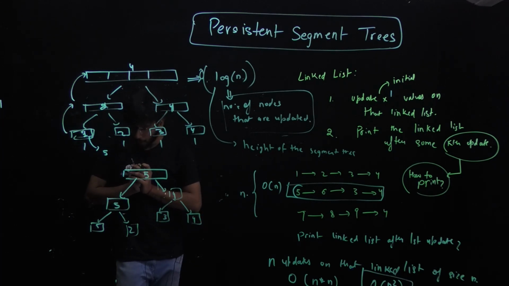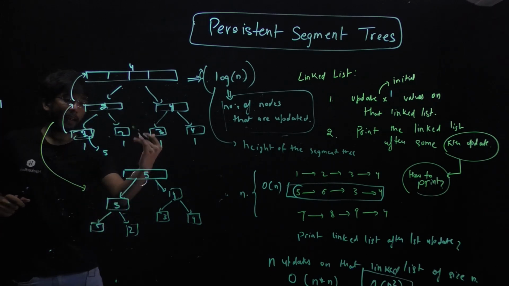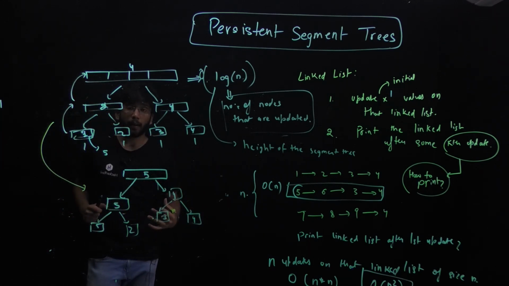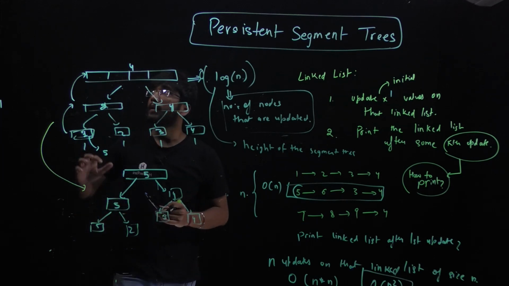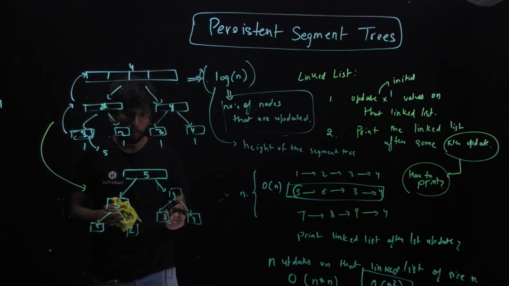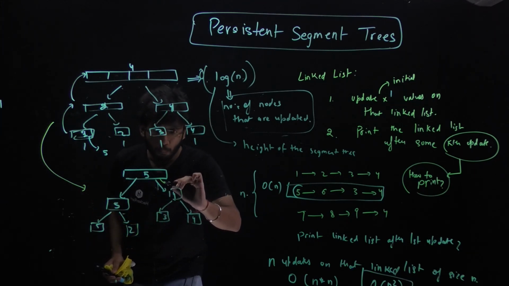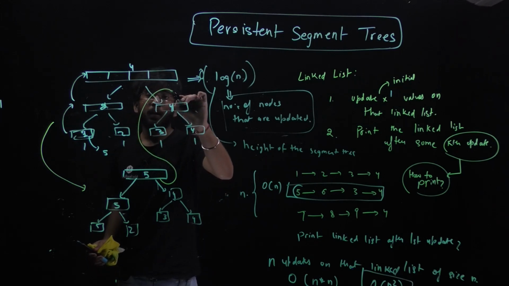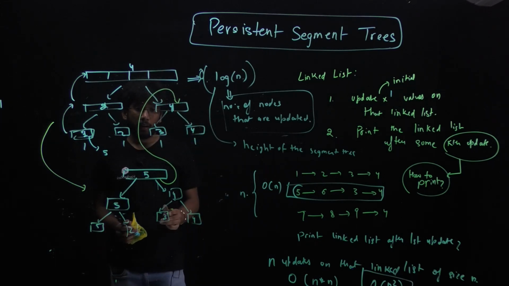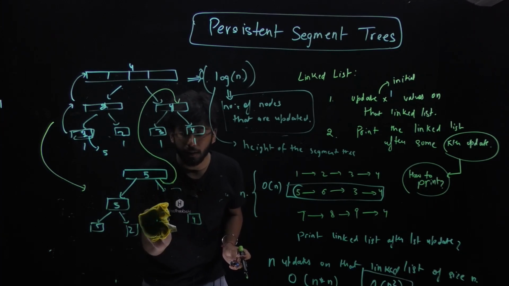So what better I can do to store all these updates? Like this is one update, so I don't need to store the entire segment tree as it is all over again. So what I can do is I can just keep some of the nodes to be the same and the other ones to be pointing towards the previous segment tree and removing this extra memory that is being required.